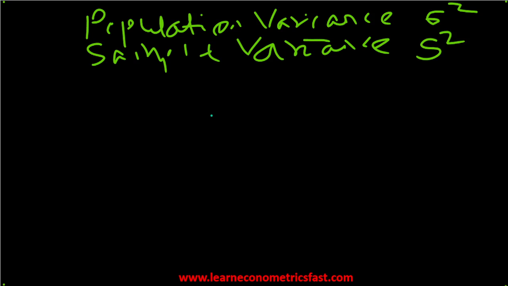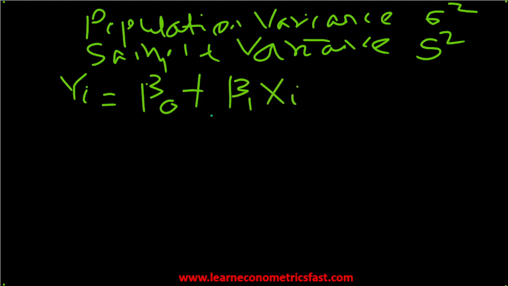Now, if we study the econometrics model, how do we write it? This is our yi equal to beta 0 plus beta 1 xi plus epsilon subscript i. So this is our model.